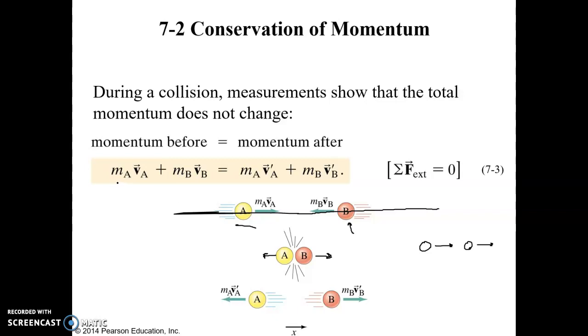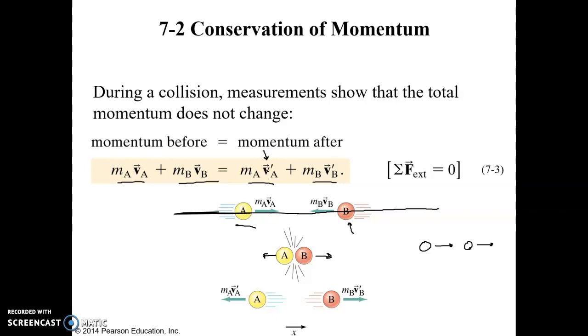So if we take the momentum of object A, which is m sub A times v sub A, and the momentum of object B, which is m sub B times v sub B, then it will be equal to the momentums after the collision. So m sub A, the mass doesn't change, so m sub A here is the same as m sub A here, but the velocity will likely change.